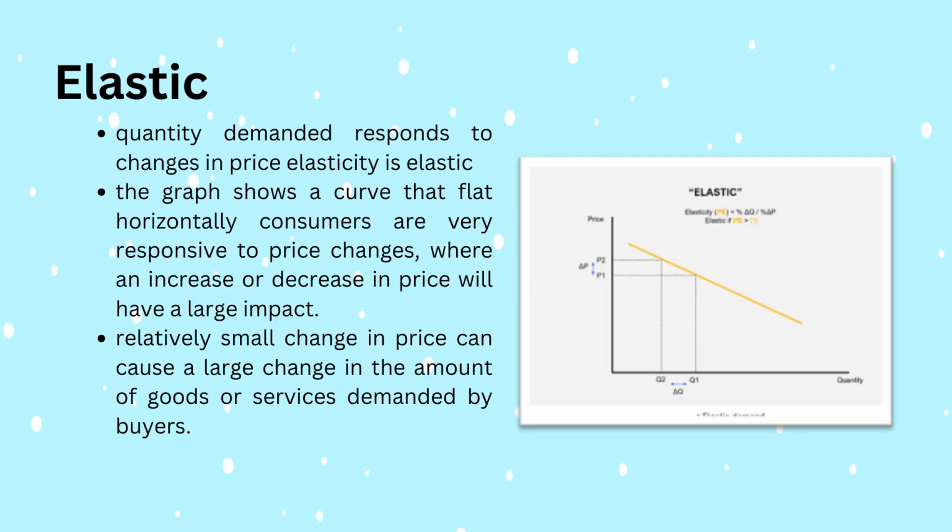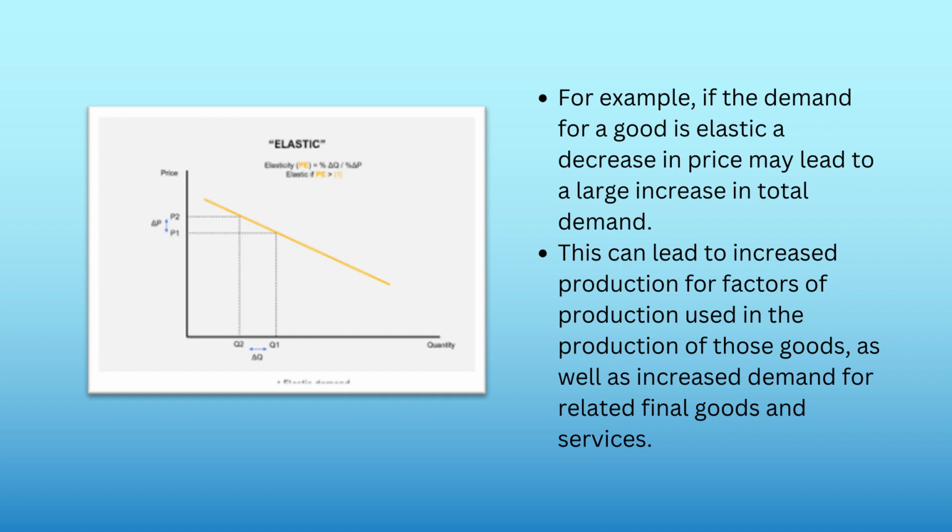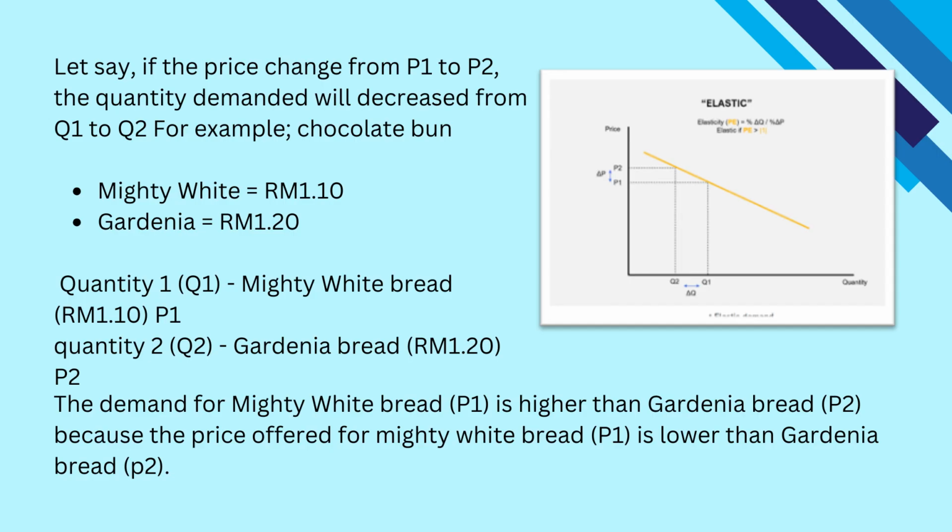Okay, the first graph is the elastic graph. This graph shows how the quantity demanded responds to a change in price. The graph shows that the demand is elastic. The graph shows a curve that is flat horizontally. Q1 represents Mighty White bread, which costs RM 1.10, while quantity 2 represents Gardenia bread, which costs RM 1.20.